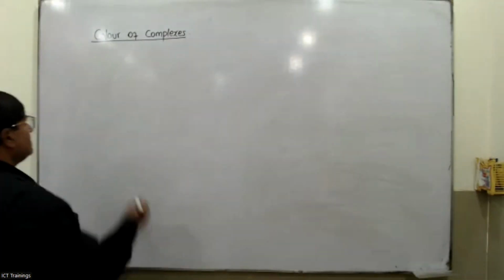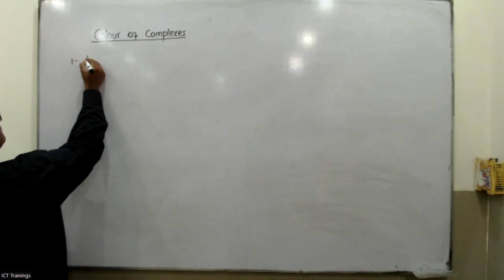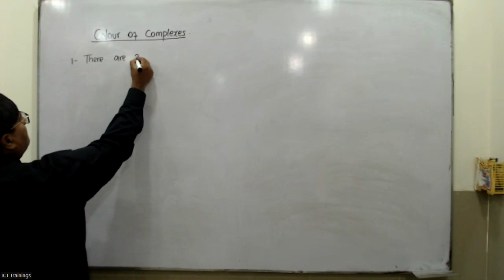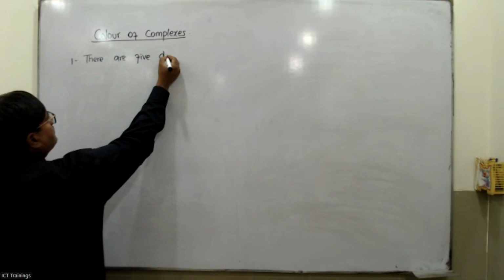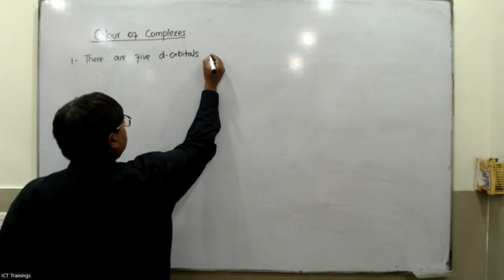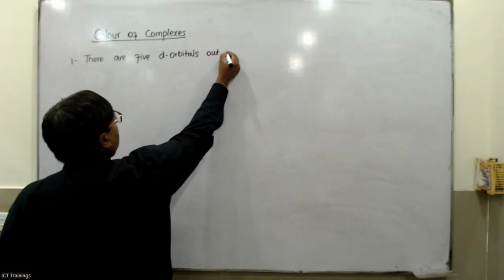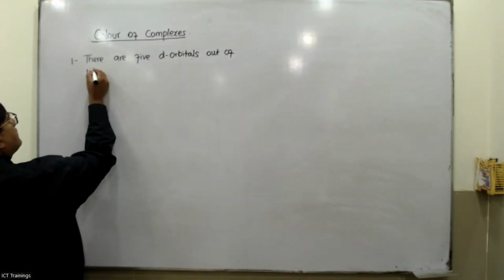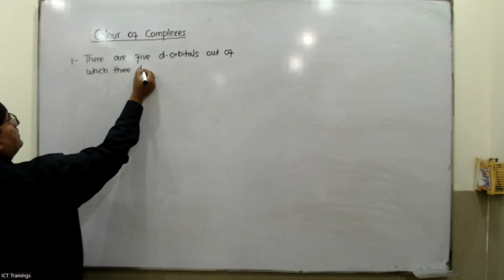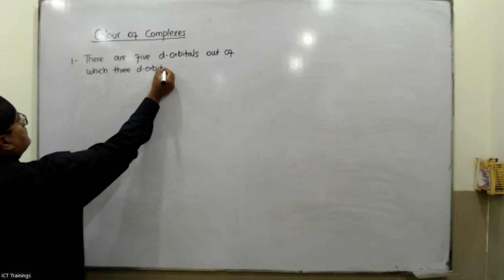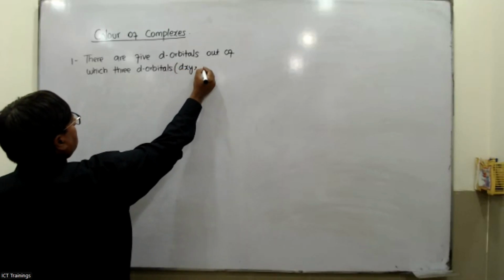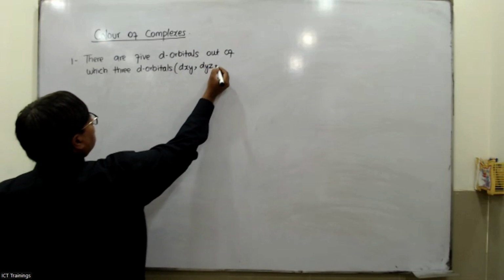So the first point: there are five d orbitals, out of which the three d orbitals are dxy, dyz, and dzx. These are the names of the d orbitals.